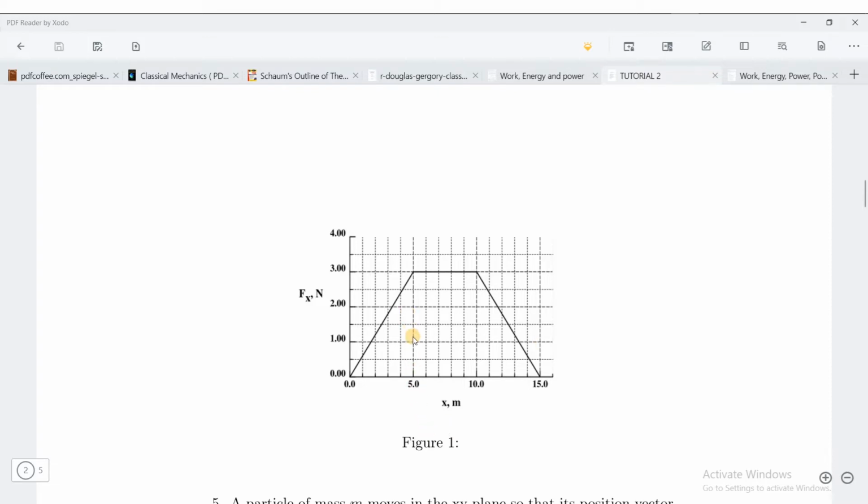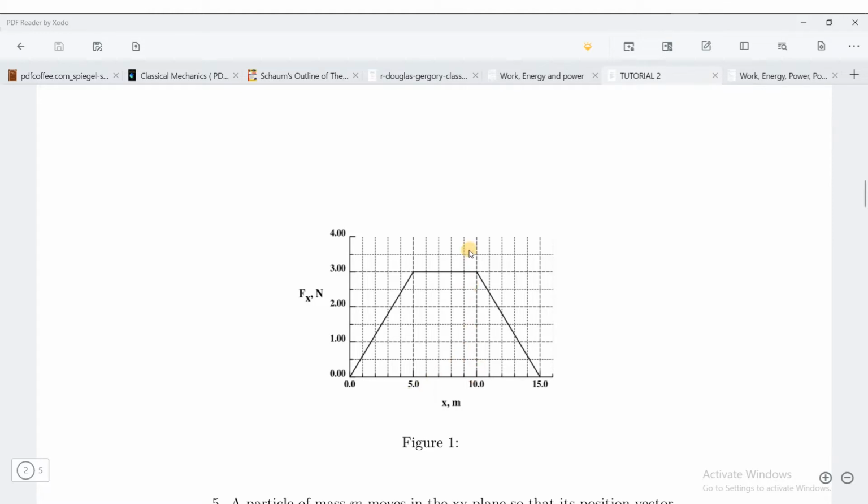Alright, part B is talking about the work done from 5 to 10, which is just the area under this part here, which is a rectangle. From 5 to 10 we have this part, a rectangle, and we know the area of a rectangle is just L times B, or base times height.